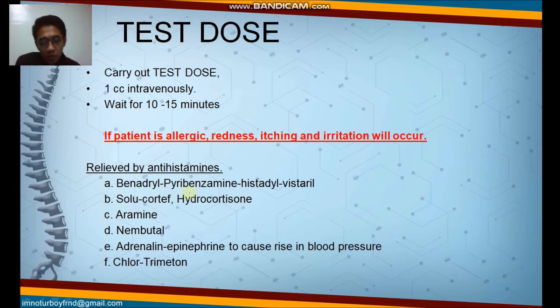Okay, so during this time, the 10 to 15 minutes na waiting time, you have to be with your patient. You have to ask the patient during the waiting time. You really have to ask the patient, "Ma'am, are you okay? What are you feeling right now?" In Bisaya, again, di ba? You really have to ask the patient, "Ma'am, kamusta imong gibati? Wala ba ka nalipong?